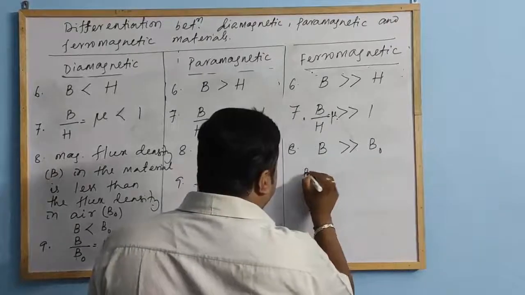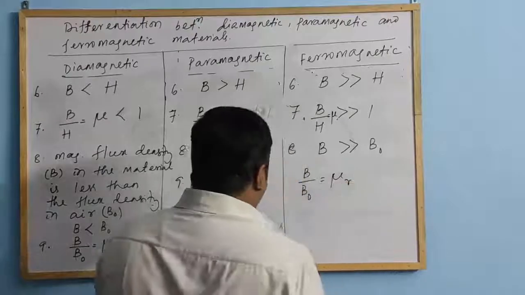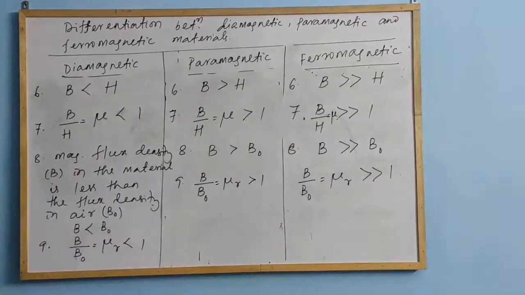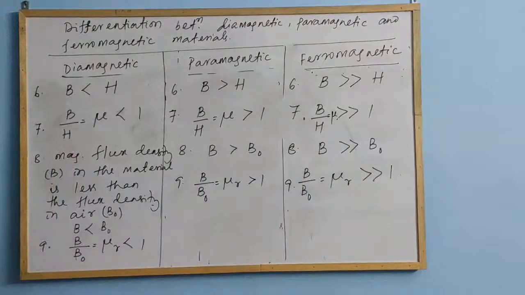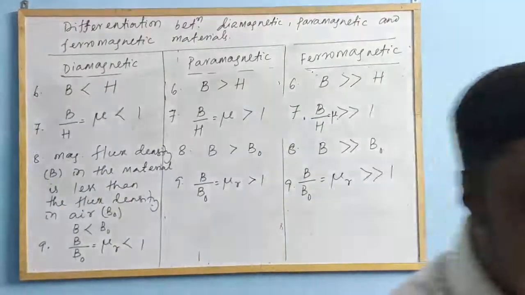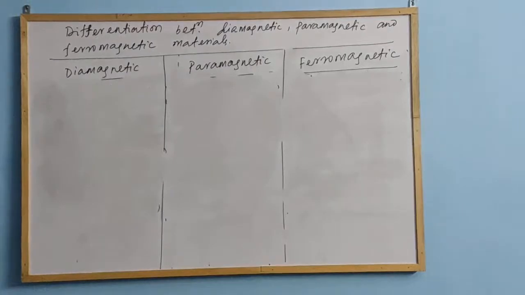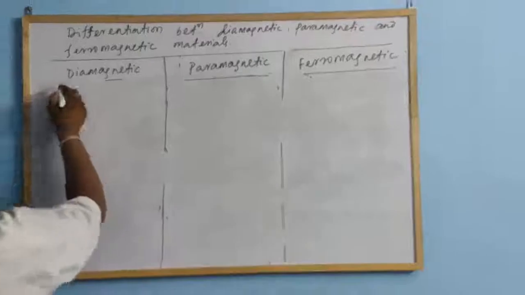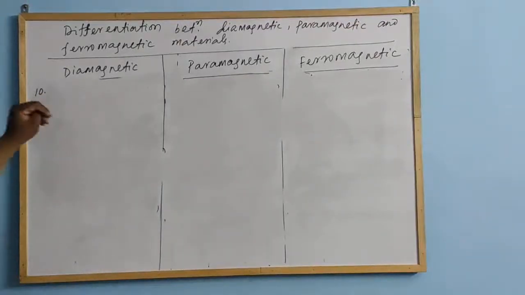So I can write B by B naught equal to mu r is very greater than 1. That is another point you can write. Okay, so this is the ninth one. So the relative permeability is greater than 1. Okay, so next point we will go to. So let me write the next one, the 10th one.